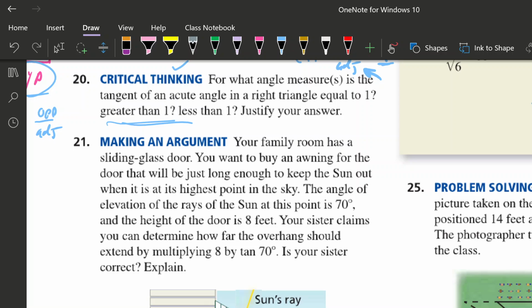It tells you the angle of the sun is 70 degrees, but be careful here. We know that this is a right angle. It tells us that right here. So that means this is 90 degrees. If this whole angle is 90 degrees, what's this angle going to be right here? What plus 70 gives you 90? That's the angle you need to use in the problem, so be careful with that one.